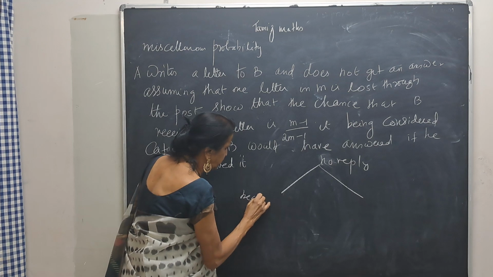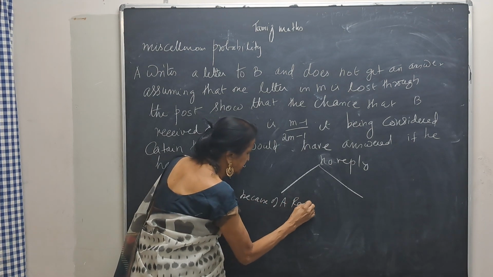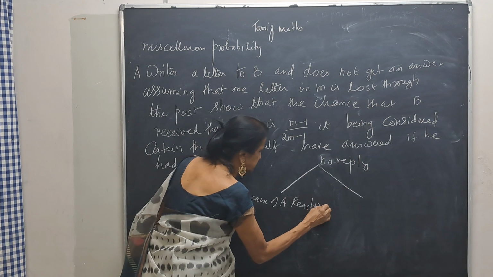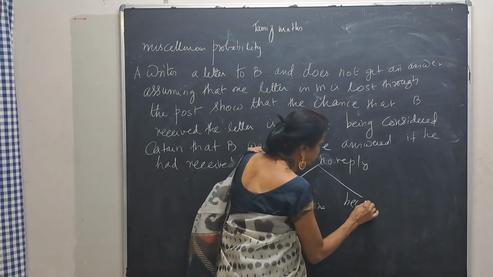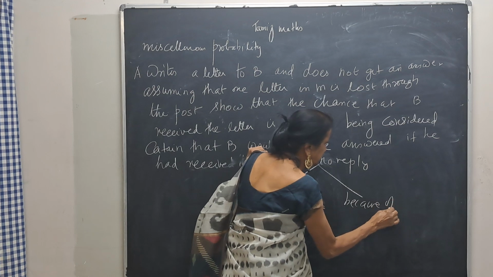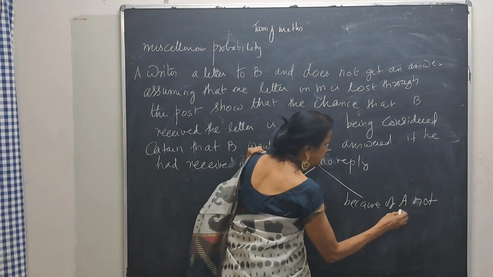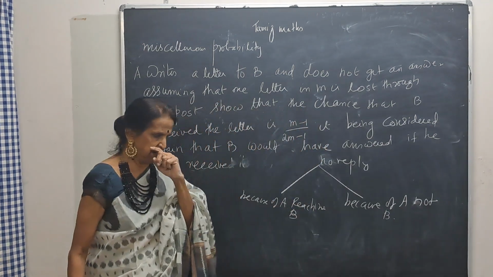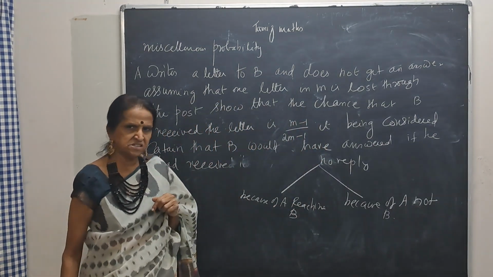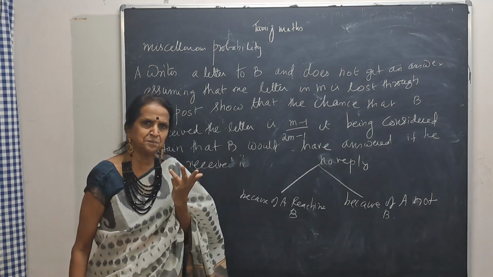Because of A's letter reaching B, or because of A's letter not reaching B. Now you may have a feeling, even if A's letter reaches B, that B is a very lazy fellow and he doesn't reply.